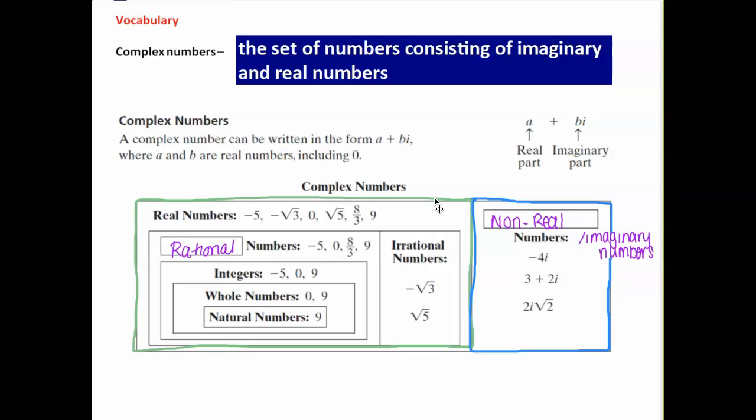So we have the real numbers and the imaginary numbers. Another way of saying imaginaries is the non-reals. A complex number is the set of numbers consisting of an imaginary and a real number. A complex number is written in the form a plus bi, where a is the real part and bi is the imaginary part.